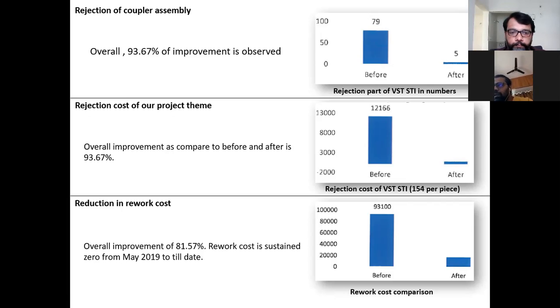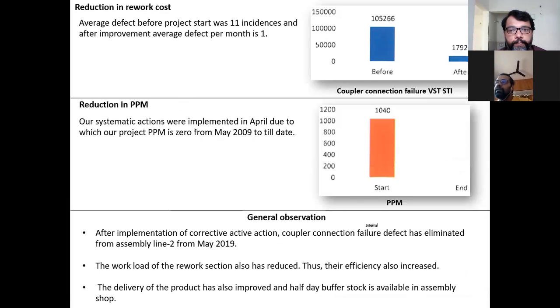The reduction of rework cost improvement is around 81%, as I explained before. Rework cost also we were able to reduce from 1,52,000 to 17,920 rupees. So the reduction of the PPM, which was our main target, we achieved.